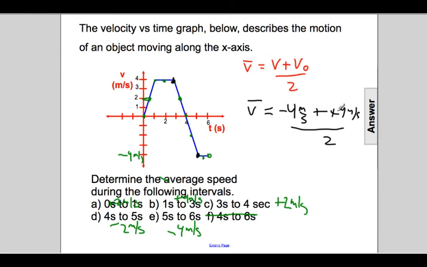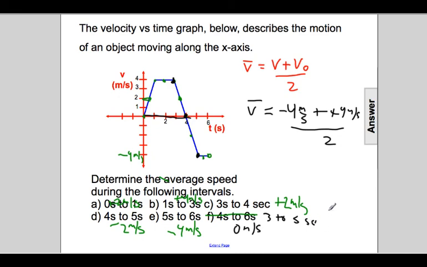Negative 4 and positive 4 will give us 0. 0 divided by 2 will give us 0. That middle value for velocity is going to be 0 meters per second when we're considering this special interval that has just been defined, between 3 and 5 seconds.